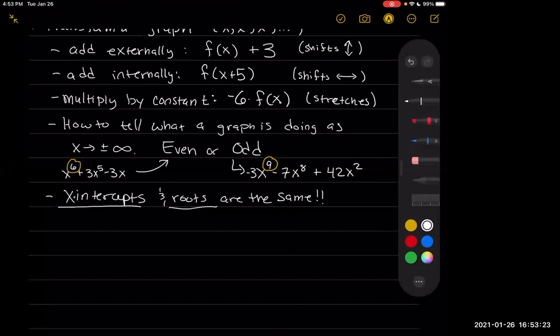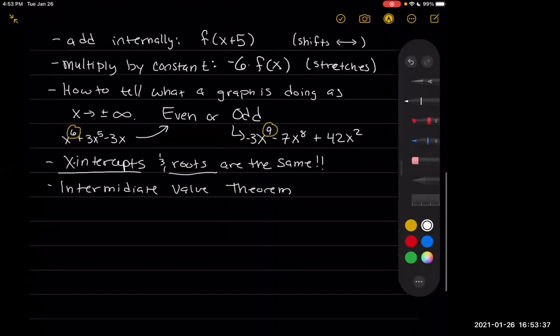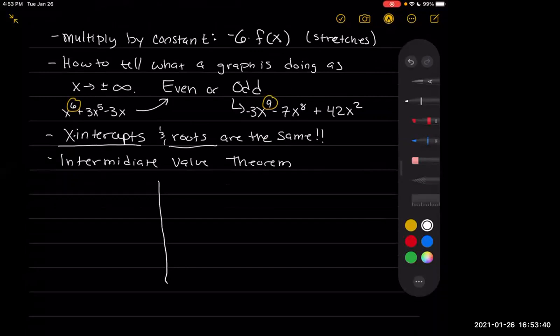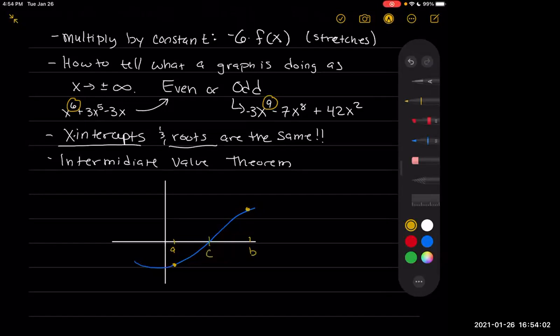All right, we also learned the intermediate value theorem. And the way we use this most is if you have a graph like this, where we have an A where f of A is negative, and we have a B where f of B is positive, there has to exist a C where f of C is 0.